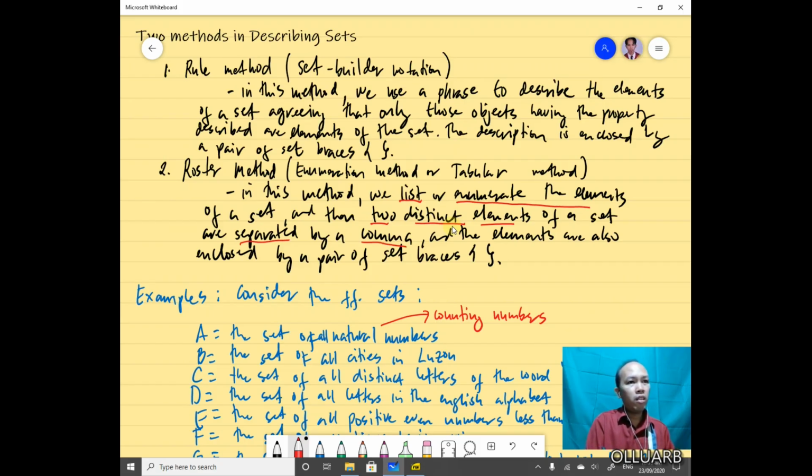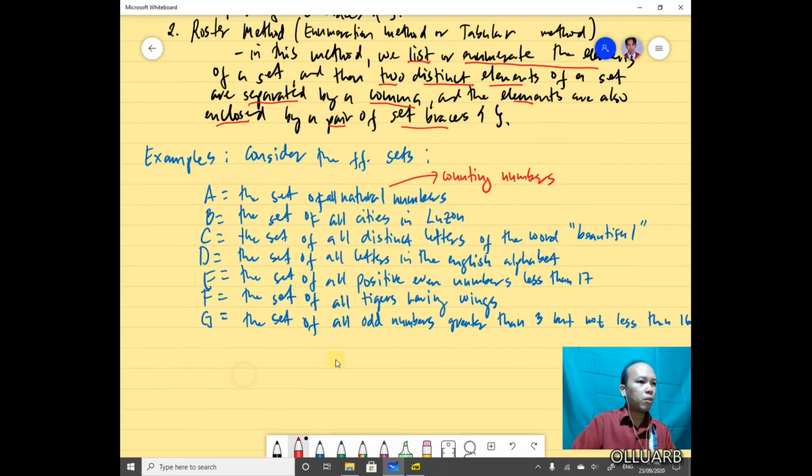So if you have apple, banana, grapes, you have to put a comma after apple, a comma after banana, and a comma after grapes, and then the elements are enclosed by a pair of set braces.